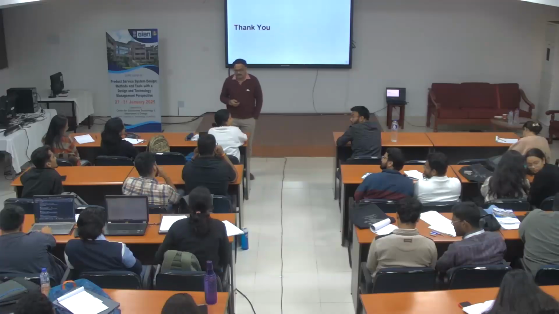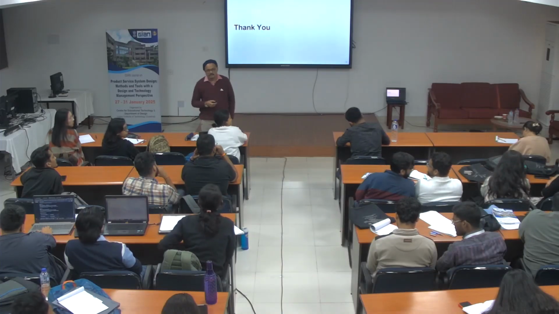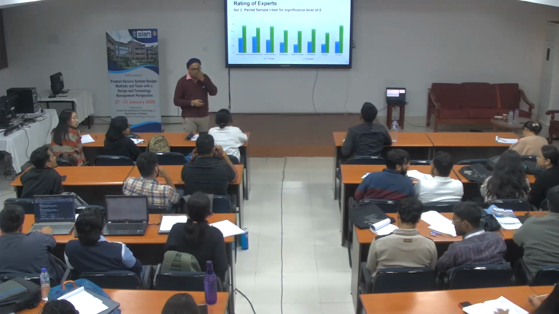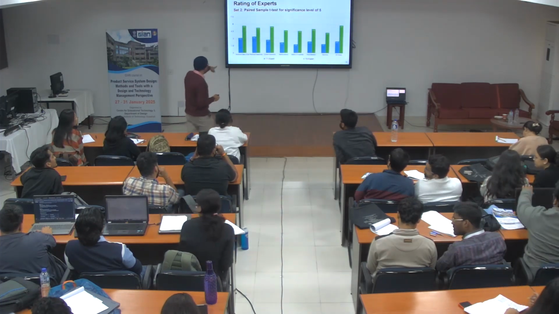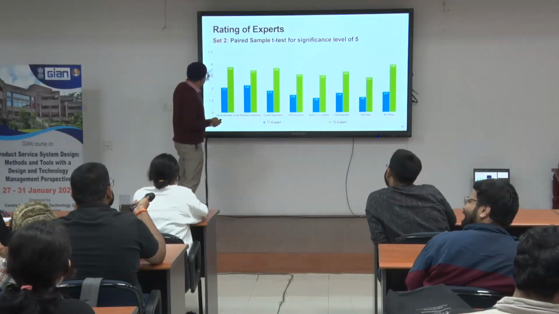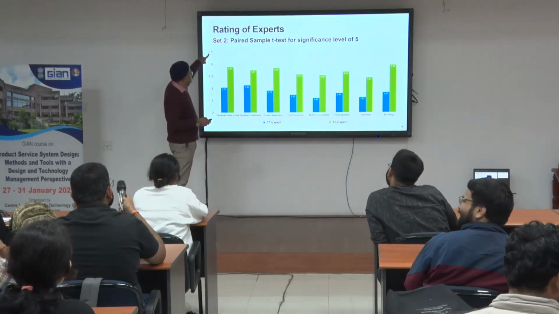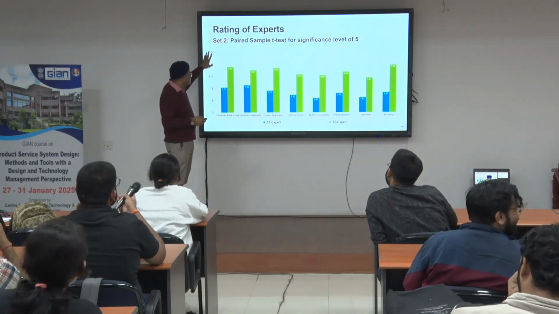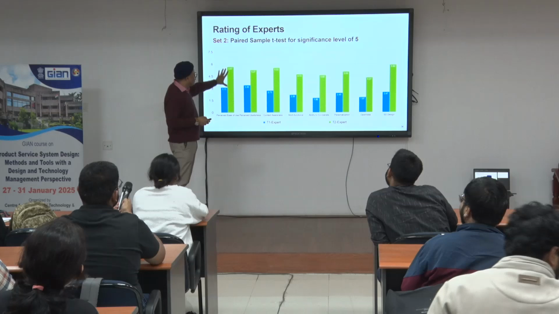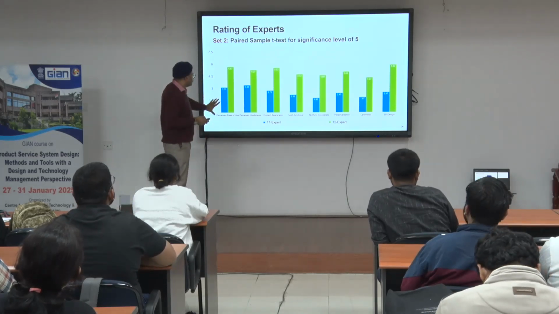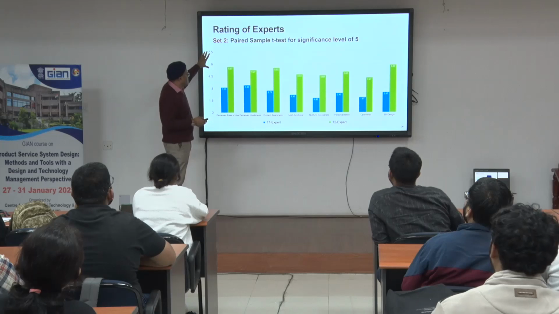For the result that you displayed, for such an experiment, what should be the sample size and what are those sliders indicating? This slider was a 0 to 10 scale, sorry, not 0 to 10, it was 0 to 7, right.